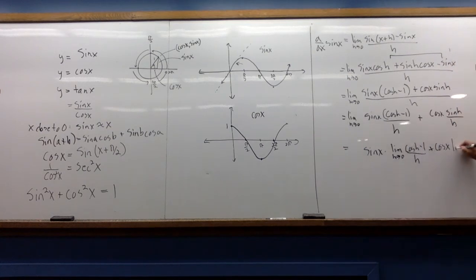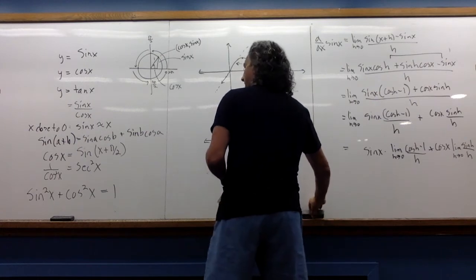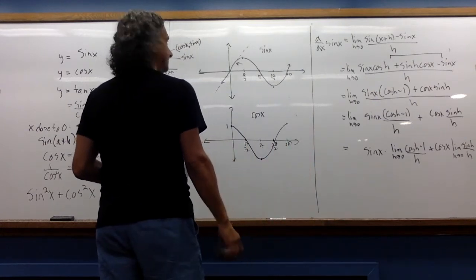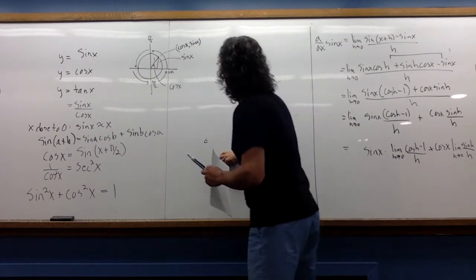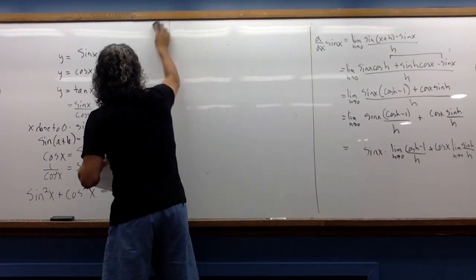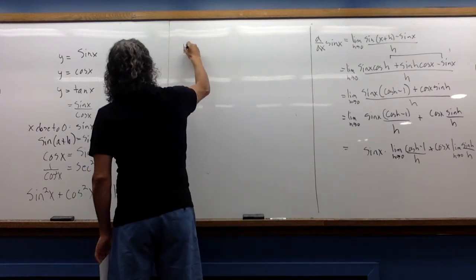Also, let me just rewrite it like this. So I guess in this step, all I'm doing is pulling out the constants. So I want to study those a little bit more in depth. Okay, I want a little bit more room, so I don't need this anymore. So let's pick apart those two limits.